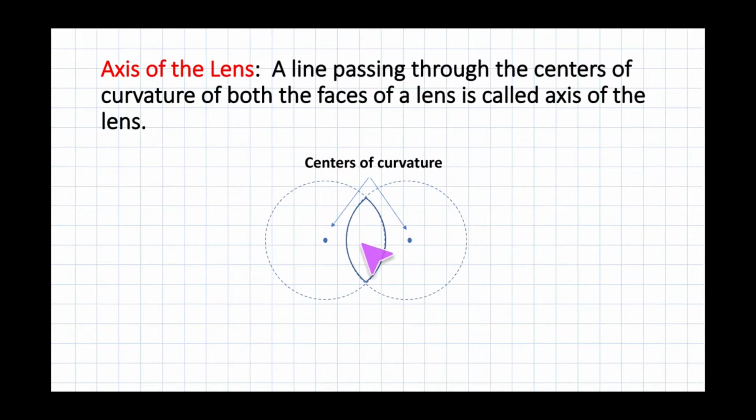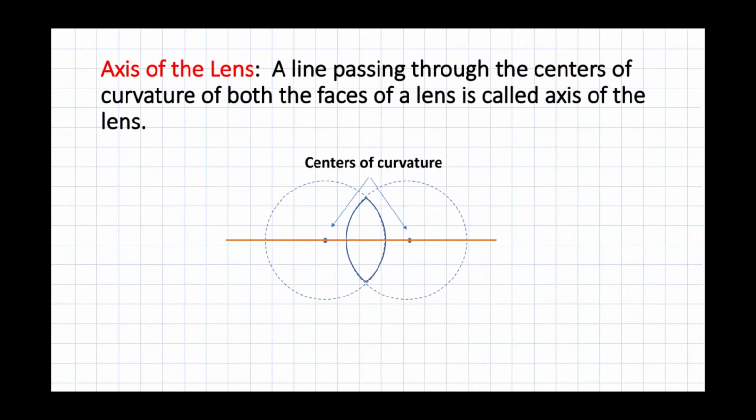See, these are two points which we call centers of curvature, and the line which passes through them is called the optical axis.